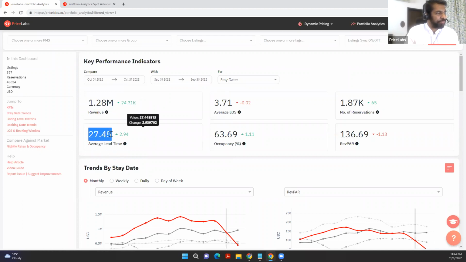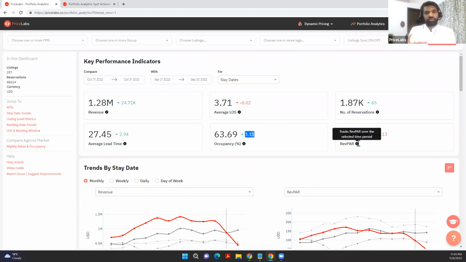My lead time, which is how far in advance do I get a booking, was also up. My length of stay decreased only slightly, so not meaningfully. My occupancy was up by a percentage point. The number of reservations that I got was up, but the RevPAR, which is the revenue for each available night, actually dropped.